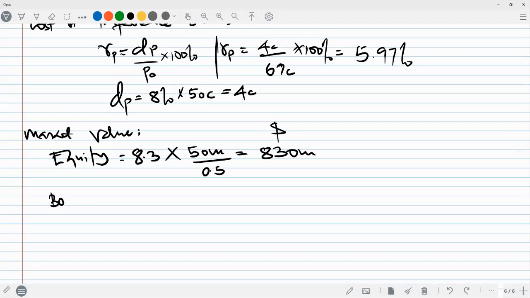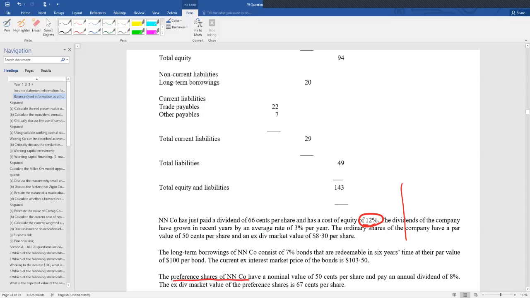The market value of the company bonds is the market value per bond, which we are told is 3.5. We multiply by the number of bonds issued. Going back to the question, the nominal value of the company bonds is 20 million, and the nominal value per bond is 100.